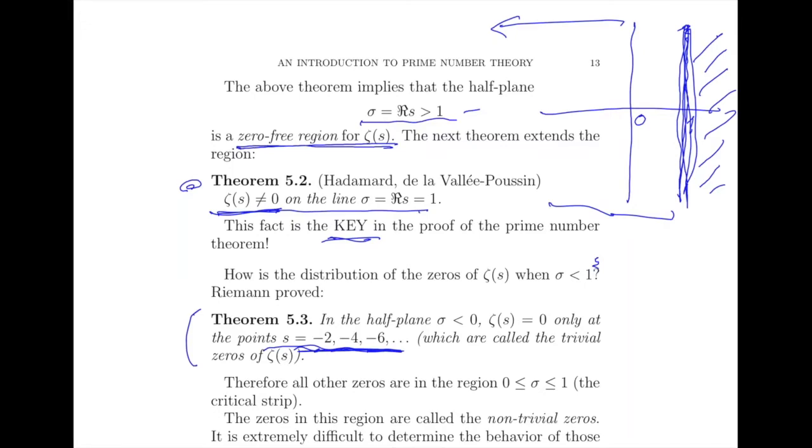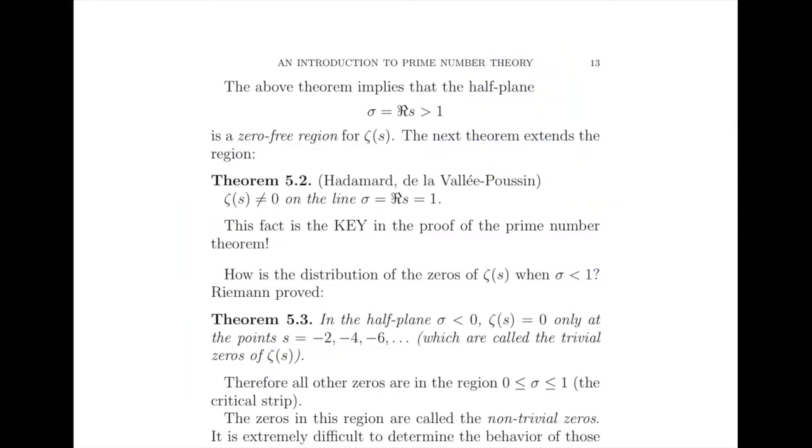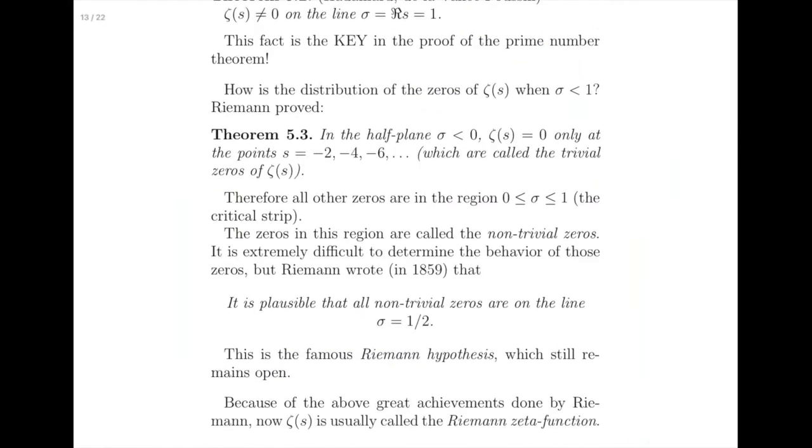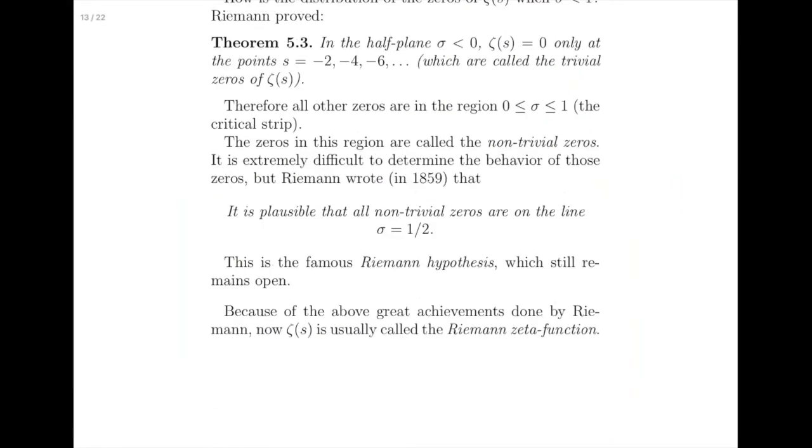These are called the trivial zeros of the zeta function.